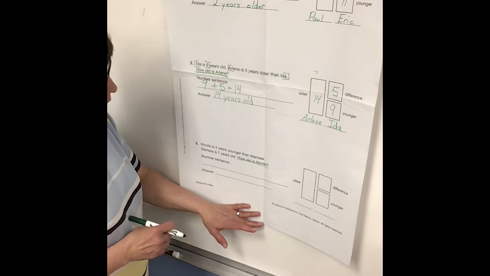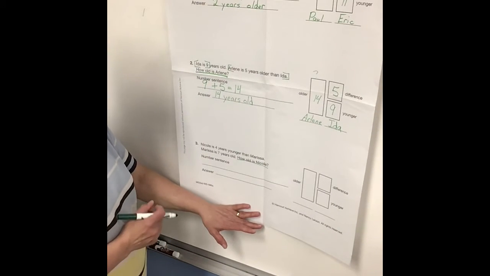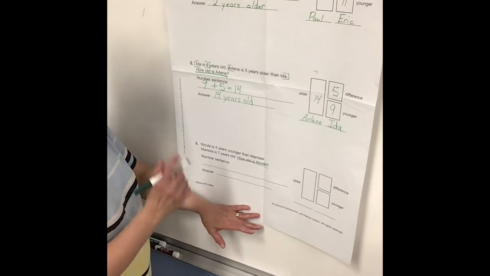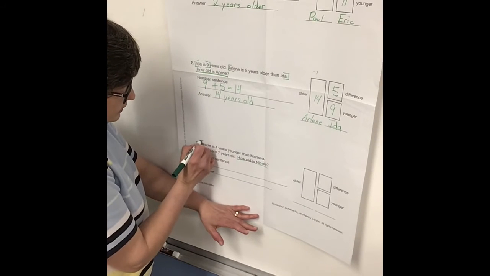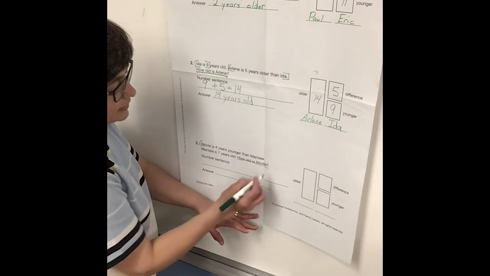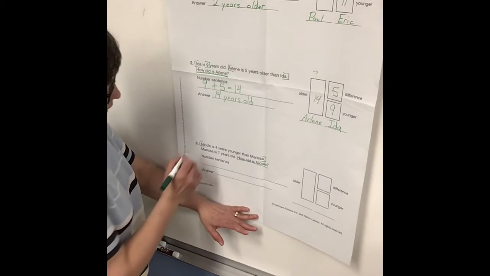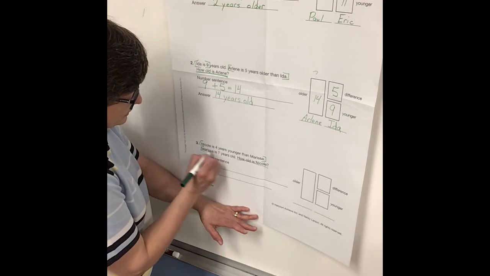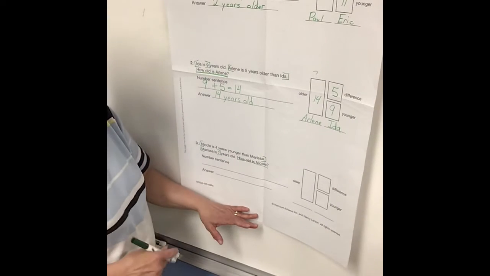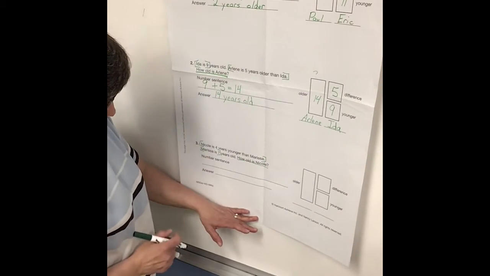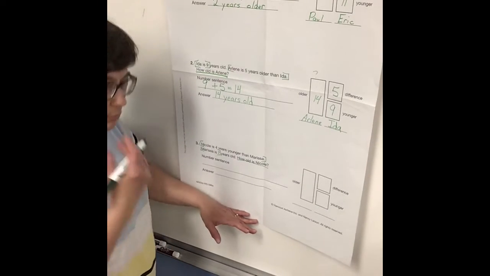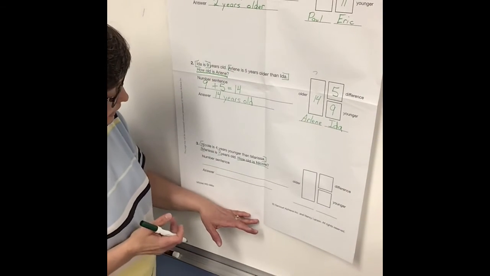Then we need to figure out what is the important information. Yeah, that whole first sentence. Nicole is 4 years younger than Marissa. And then Marissa is 7. You could underline the 7 years old if you wanted, but you have that in your head.